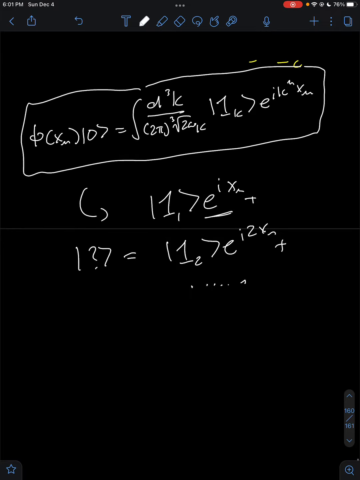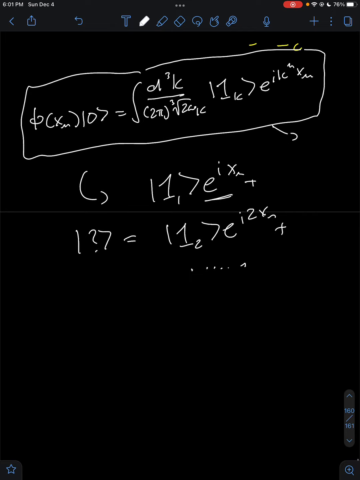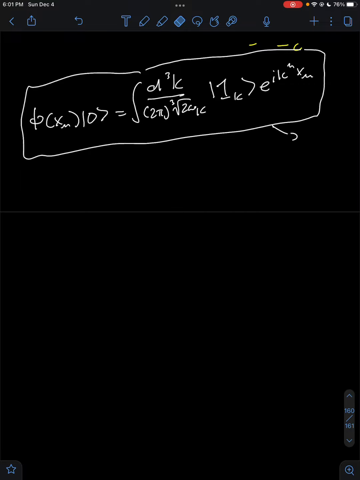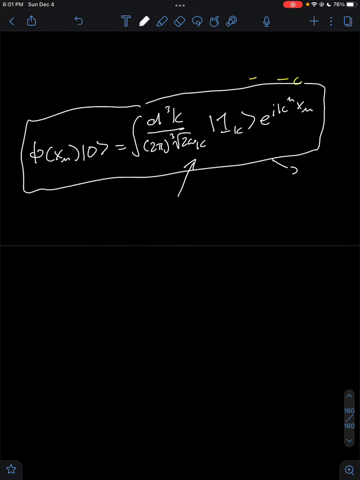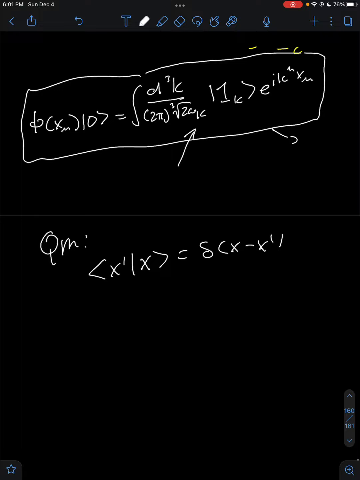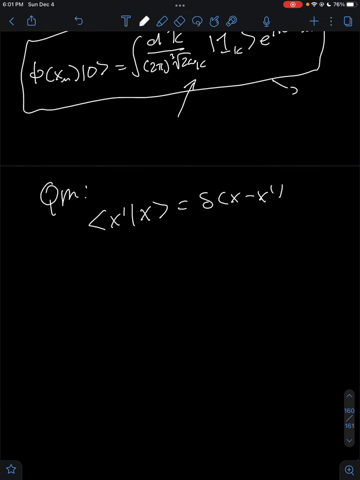So is that the same case here? Well, to find that out, we have to take the inner product of this new state with itself. From quantum mechanics, again, we had that x prime times x is delta of x minus x prime. That just means that the amplitude for finding a particle at some position x is infinite for that position and 0 for different locations.